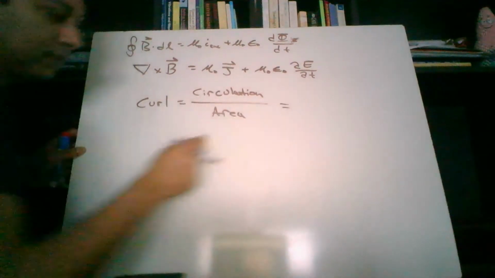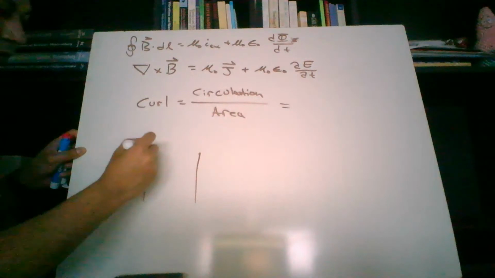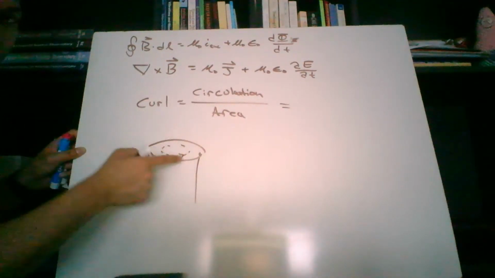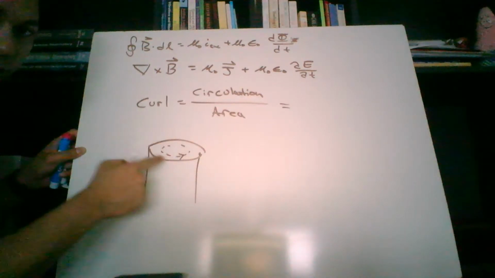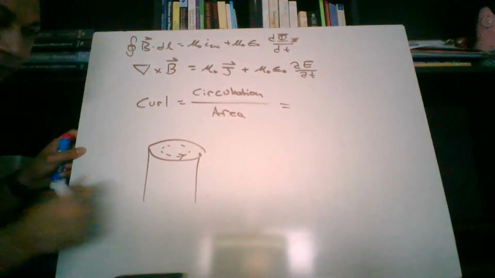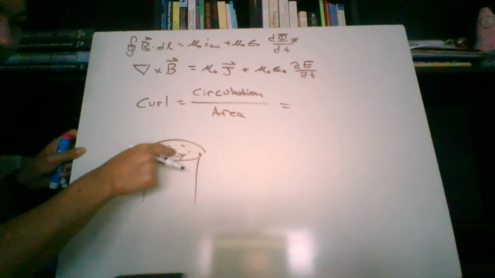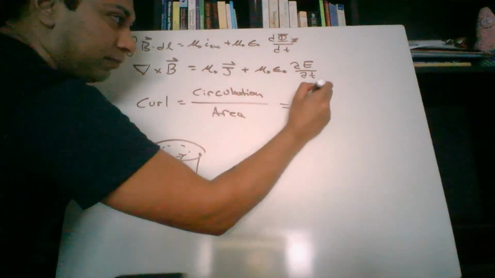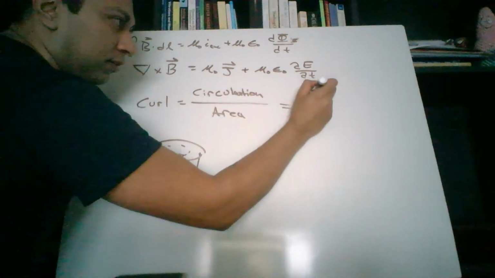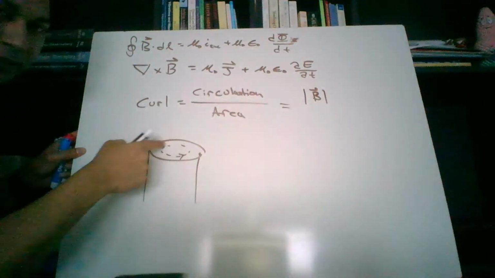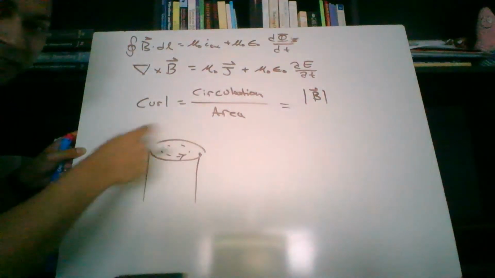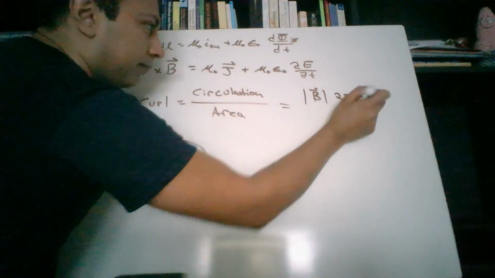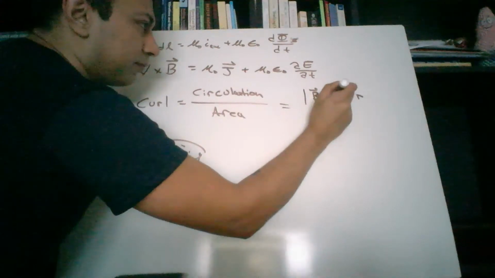What I mean is that if you have your wire here and you create a loop here, there's going to be a little magnetic field that's going to loop around this distance away from the wire. So it's circulating around here. And the circulation is going to be given by how strong B is multiplied by how long it's going around, the distance that it's going to go around, which would be 2 pi r for a loop.